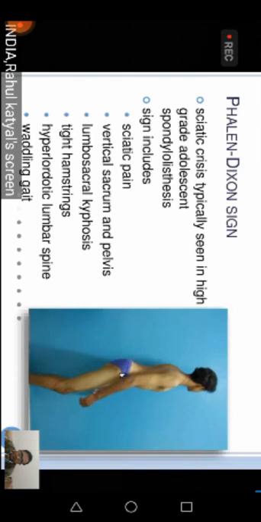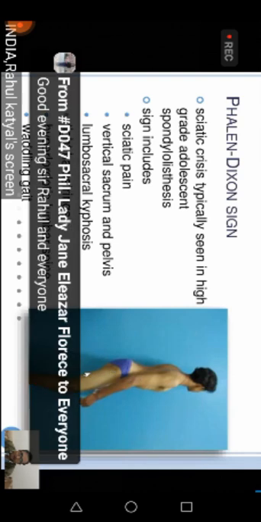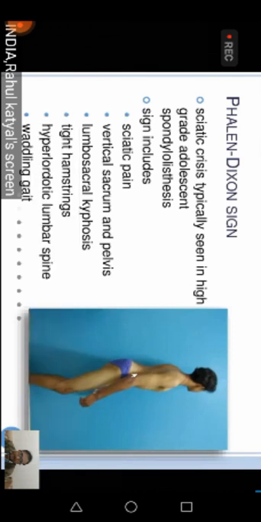That means this boy is not able to stand in the erect position. Now, when the abdominals are weak, it will create further space to move the vertebra forward.